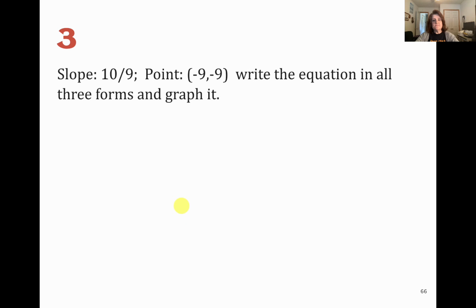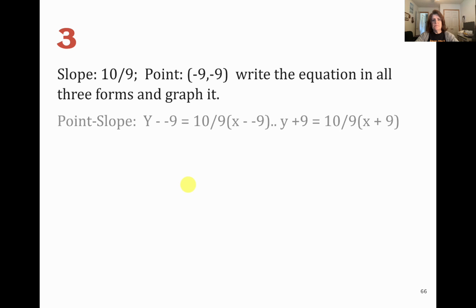Number 3, you're given the slope of 10/9 and the point -9, -9. And we want you to write the equation in all 3 forms and graph it. Well, you could graph it just from the point and the slope.